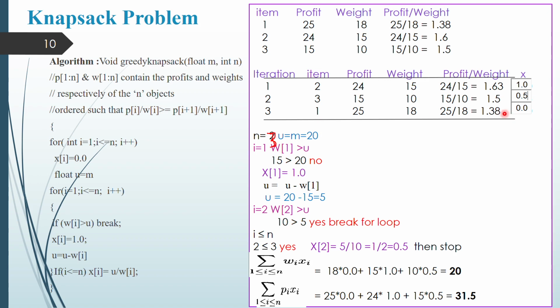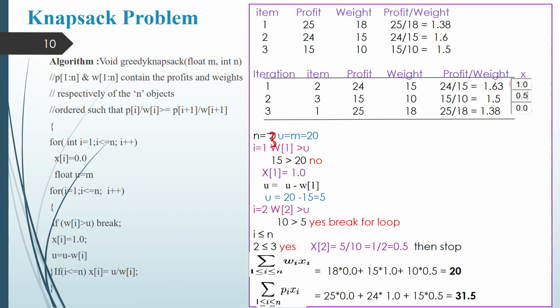Now for verification of whether whatever I have done is correct or not, you use one equation, Wi into Xi. Okay, Wi into Xi. So the weight of this one is 18. Wi, I am taking as this first item here. 18 into the Xi value of this one, which is 0. 18 into 0 plus 15.